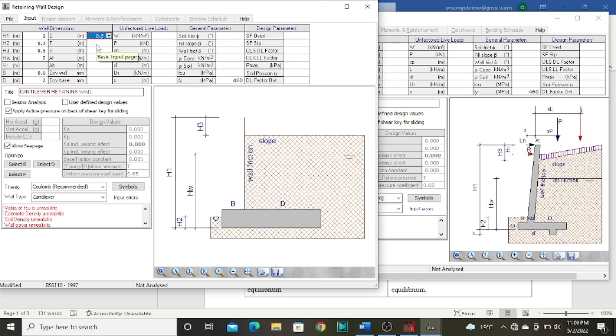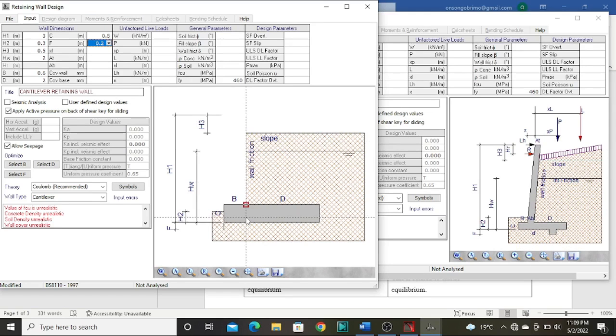Therefore, at this section we are not going to provide the shear key, and therefore we will not enter the values of F and XF. But for the sake of modeling, we will just enter a value so that you can observe how it will appear. So let's assume a value of 0.2.